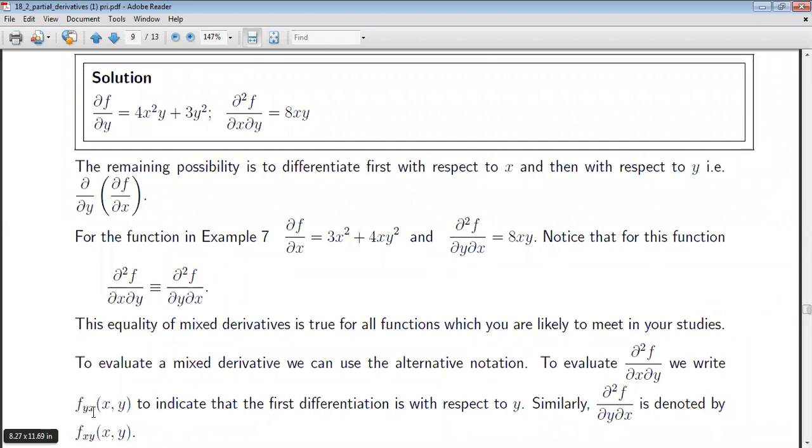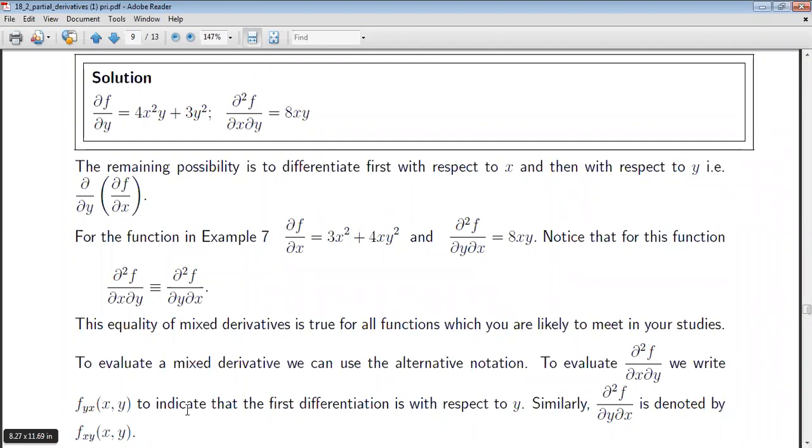First we have to find del y, and then take del x of that. What you find first comes first: y, then x. Similarly, for del square of del y del x, we first find del f del x, so x should come first in the suffix. Within the bracket f of xy is the notation. You need to remember the notation, because in your examination, del square f del x del y or del square f del y del x may not be given every time.